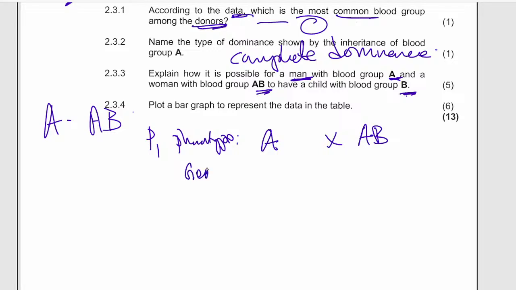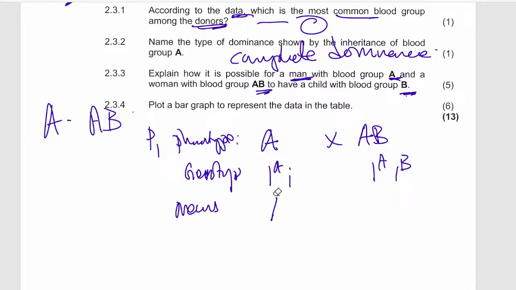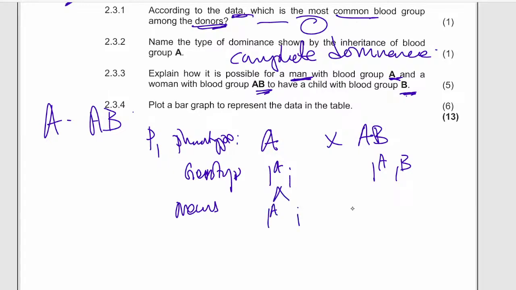Then the genotype: blood group A heterozygous, and then blood group AB. Then meiosis: you have the allele for A and the allele for O, and then the allele for A and the allele for B.